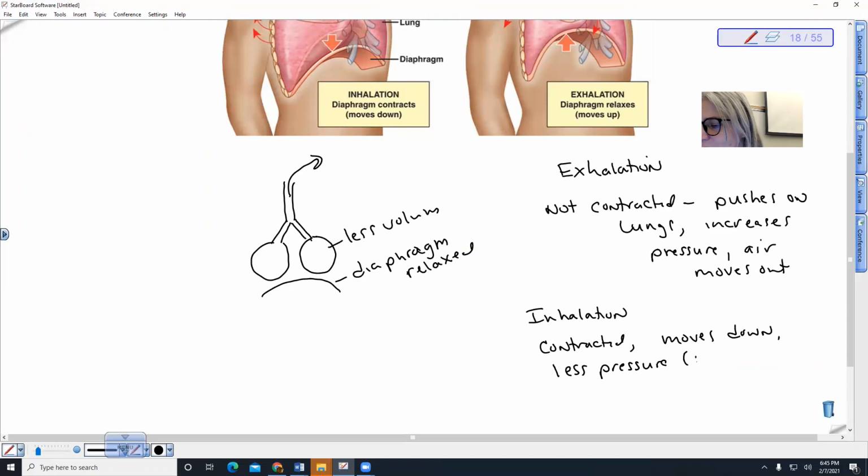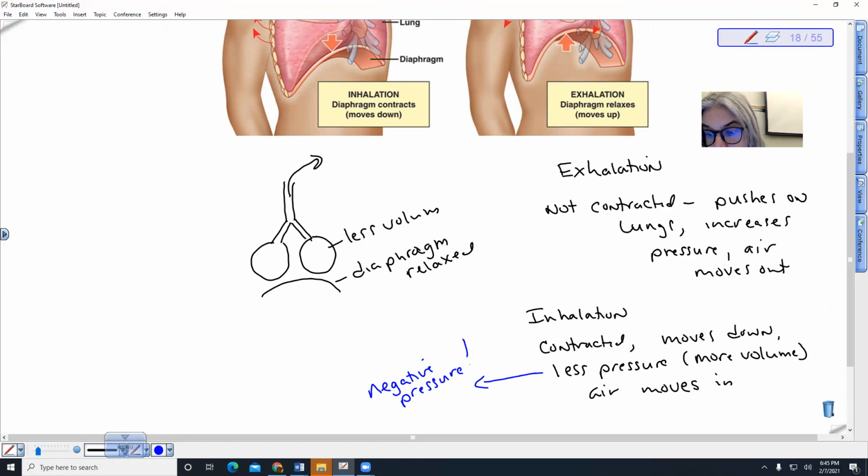There's more volume, so put more volume in parentheses, more volume in your lungs. And so the air moves in. This less pressure, this is what is the negative pressure breathing. So this is a negative pressure. Okay. So I increase the volume, there's less pressure in my lungs, and so air will just move in.